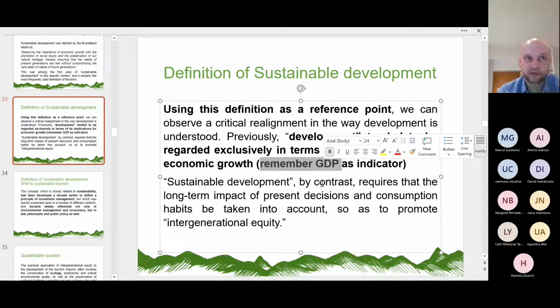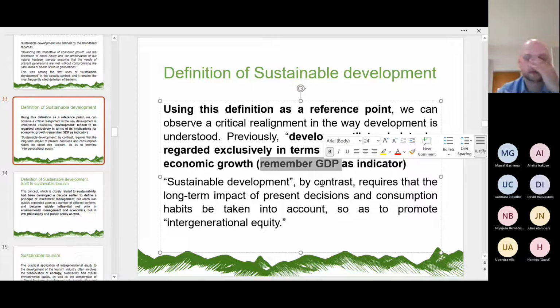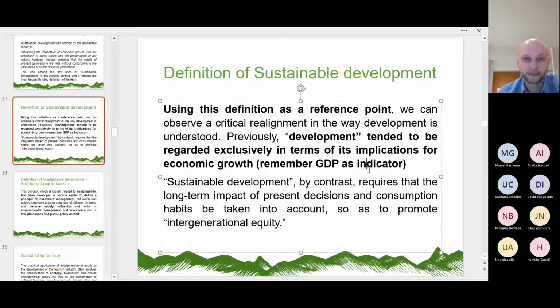There are some examples from Africa. What was the country? I don't have this in my presentation right now. One of the reasons for the GDP growth was linked to the mining industries, like gold mining.